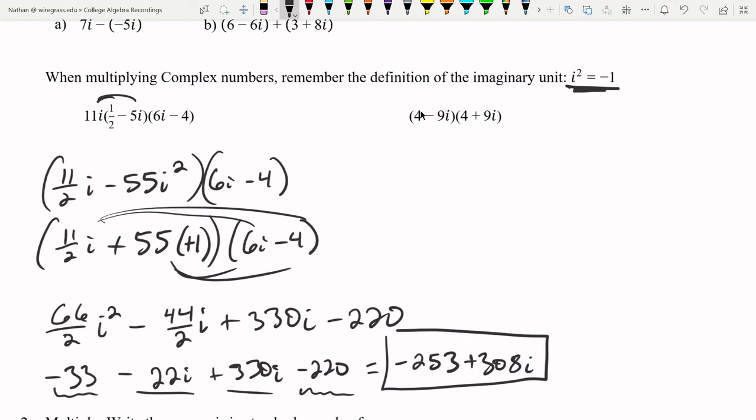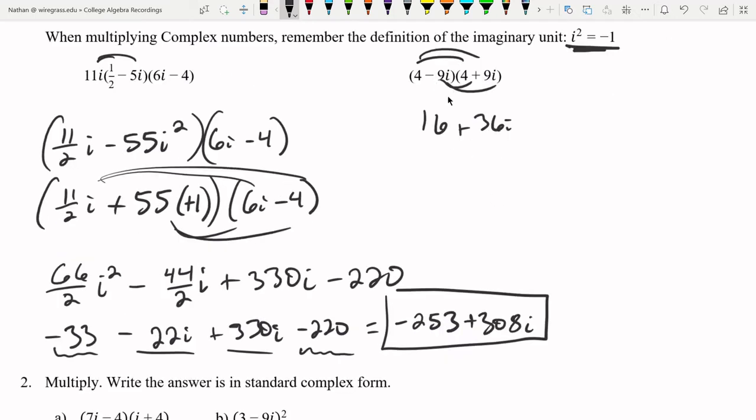Now, for this one, I'm going to distribute the first into the second. 4 times 4 is 16. 4 times 9 is 36i. Negative 9i times 4 is going to be negative 36i. And then finally we get negative 81i squared. Now, this is the important thing here. Plus 36i minus 36i, those cancel. i squared is negative 1, so negative 1 times negative 81 is positive 81.